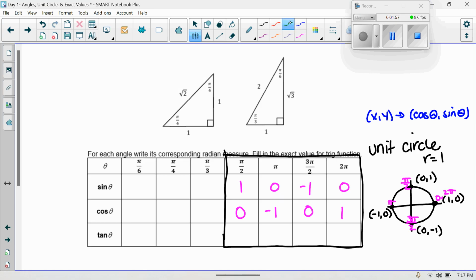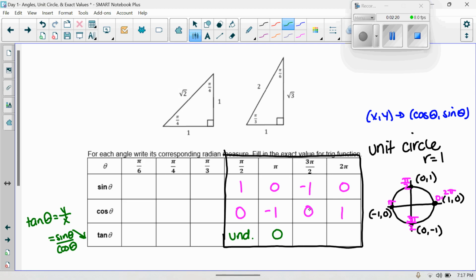In order to do tangent, tangent theta is defined as y over x or sine over cosine. So when I do 1 over 0, I get undefined because I cannot divide by 0. When I do 0 over negative 1, I get 0.